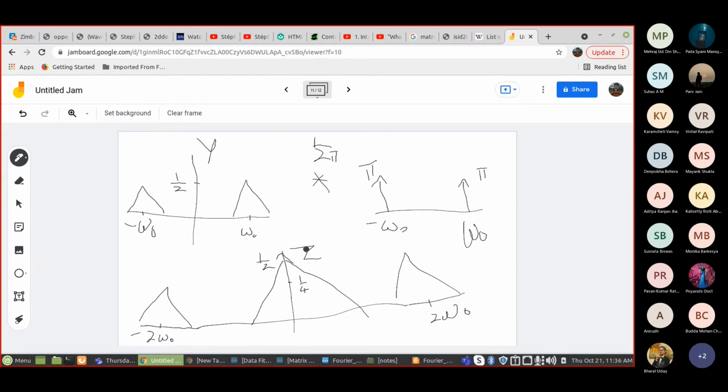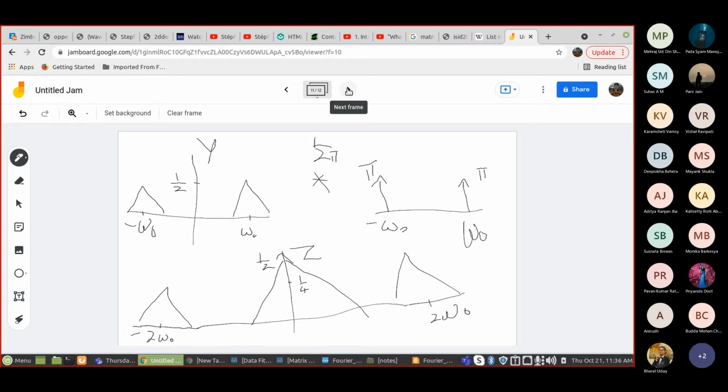So this is how z looks like. There are these additional triangles at minus 2 omega naught and 2 omega naught, but we also have this x which is scaled by half, that we can always scale by 2 to recover x as it was. But what to do with these two additional triangles? Can you think of some strategy to get rid of these things?